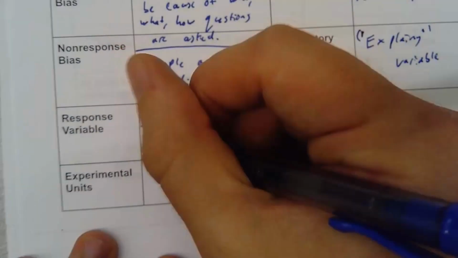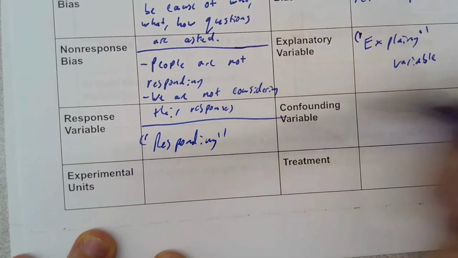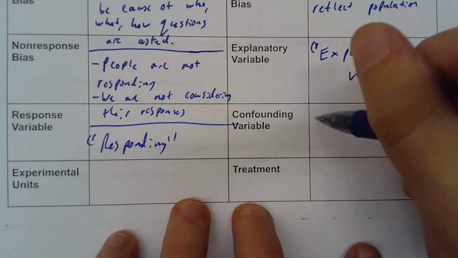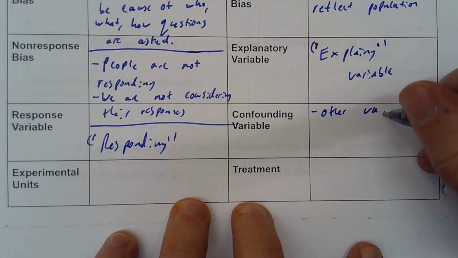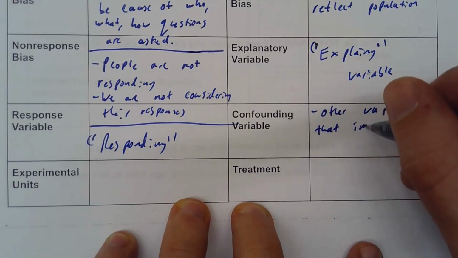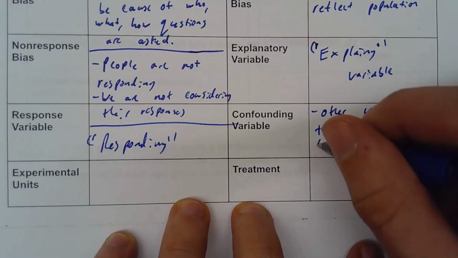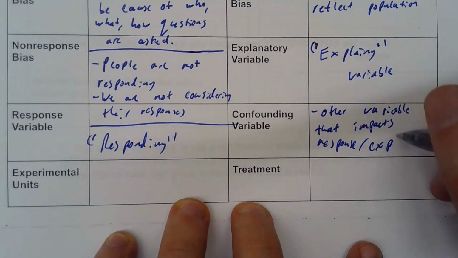The response variable is what's doing the responding, right? Confounding means it's like another variable that impacts response and explanatory.